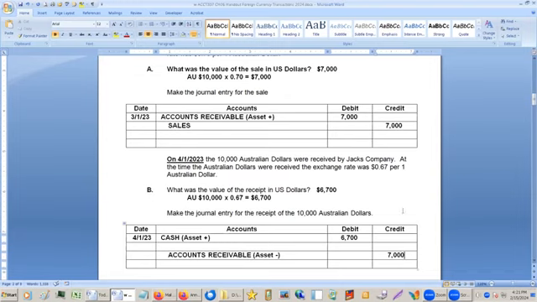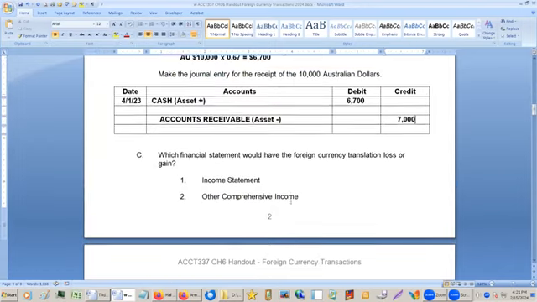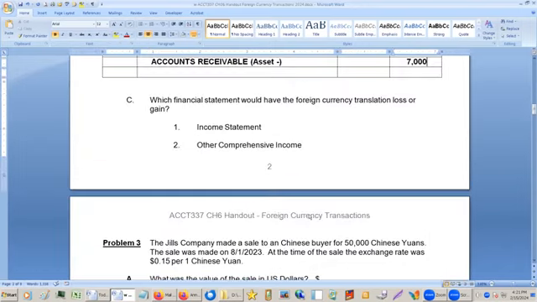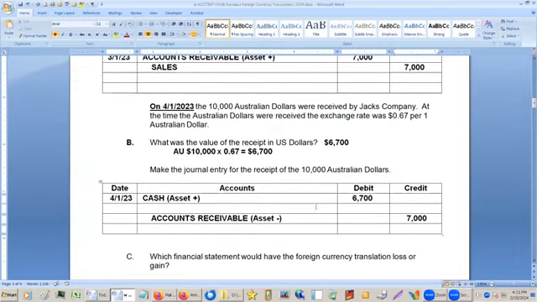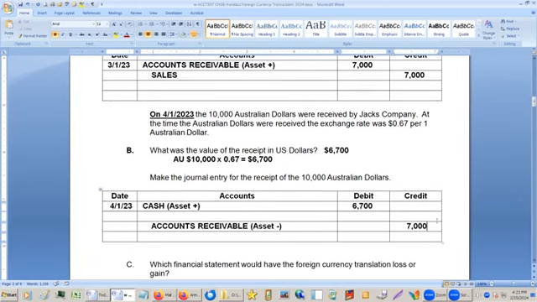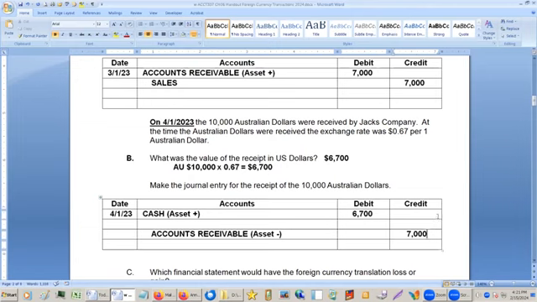Uh-oh. They don't balance. What do we probably need to do? Add a second adjustment or something, right? Now, we recorded this at $7,000 US dollars. We got back 6,700. Is this going to be a gain or a loss?